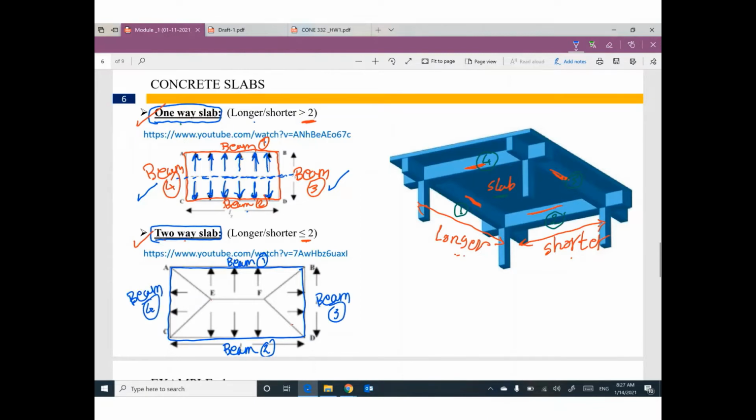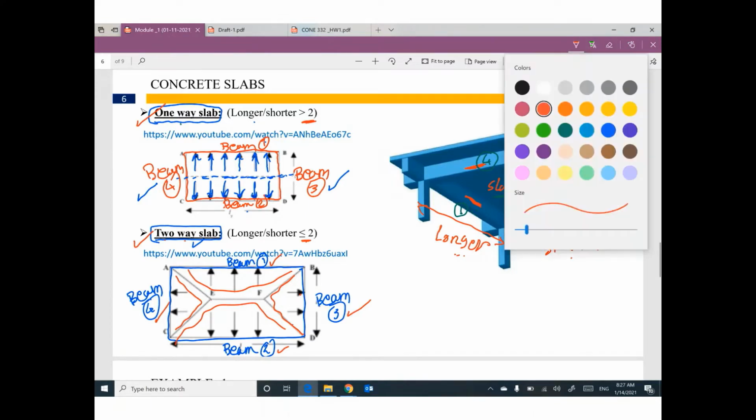And you divide the longer by shorter, and your answer is smaller than or equal to, then your slab will be a two-way slab. That means a part of this slab will be supported by beam number 3. We have another part supported by beam number 4, another part supported by beam number 1, and another part supported by beam number 2. Each beam will support a part of this slab.